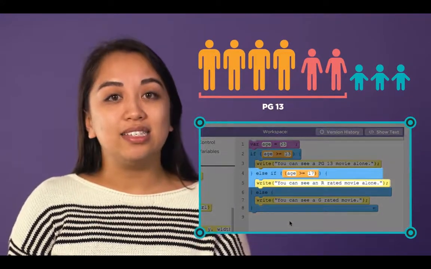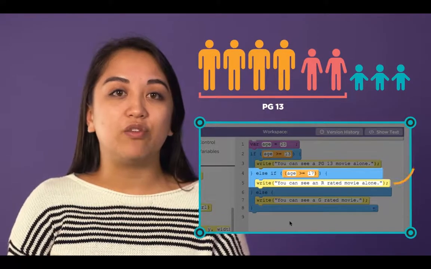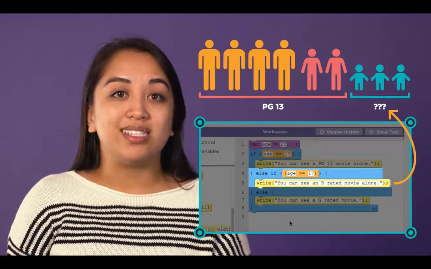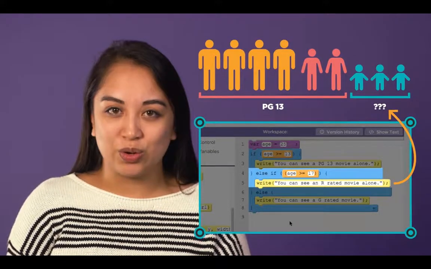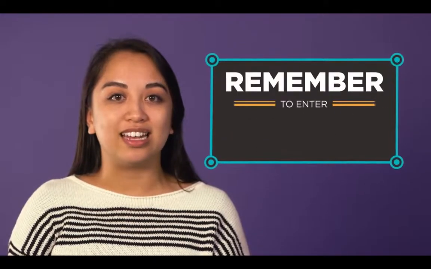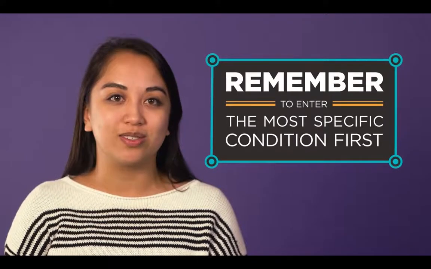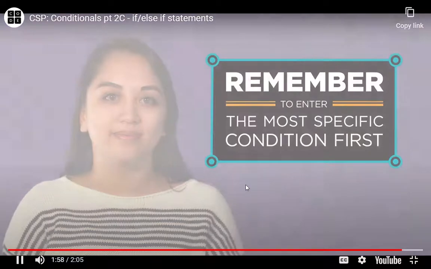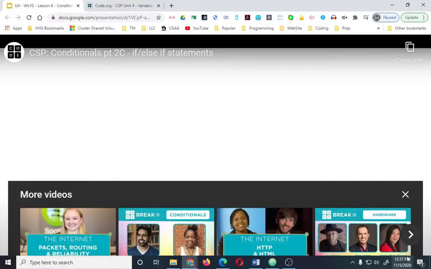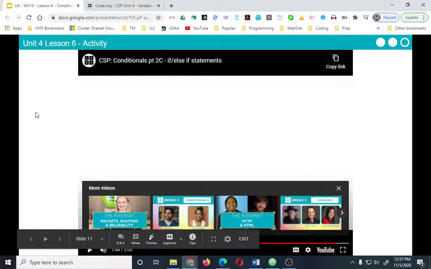And with the next else if line, the computer would be looking for people 17 or older in the remaining group. This code misses the adults because they were true in that first condition. This won't work. The computer checks the conditions from top to bottom, so it is important to enter the most specific condition first. And that is an error I see a lot with students, is not having them in the right order. Whatever you're checking, greater than, less than, that is a big issue.